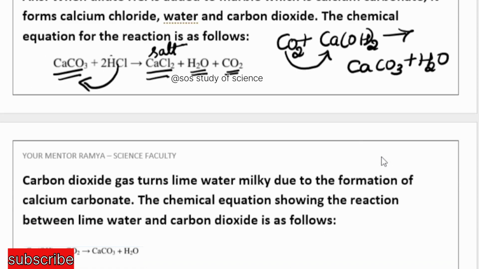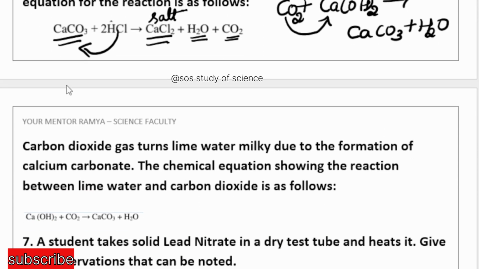Okay. So, you can observe the answer here. When carbon dioxide gas is passed to lime water, it turns milky white due to the formation of calcium carbonate, CaCO3. And the chemical equation showing the reaction is given below. Whatever I wrote now, the same equation is mentioned here. Further, on the basis of this, they can also ask another question.